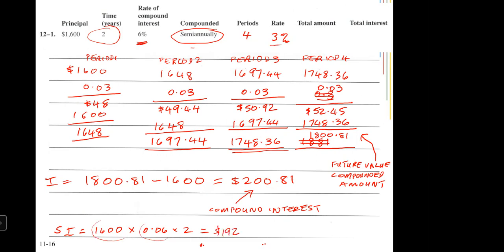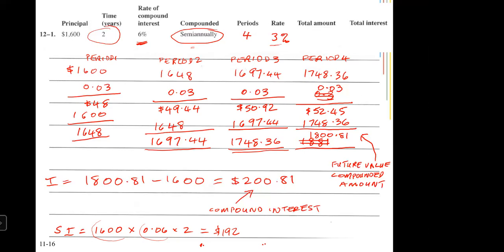So in the case of the compound interest, you get $200.81. And of course, the reason for that is because you are adding your interest to the principal, and then you're getting interest on the principal plus the interest, and you continue doing that over time, and so you end up getting a difference compared to simple interest, where all you're doing is finding the interest on the principal only.